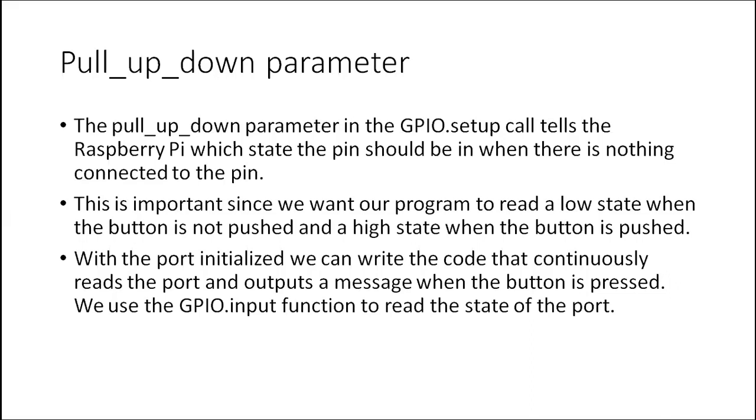When I'm using the input parameter, we have something called the pull up down parameter in that function. That parameter tells whether your pin will be in a low state or a high state.